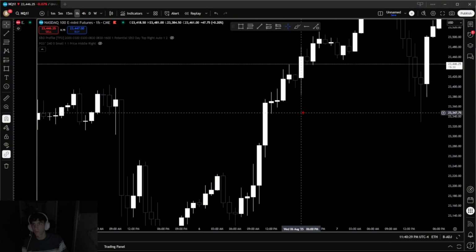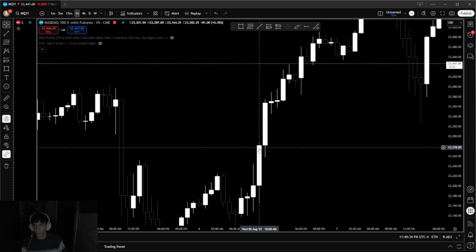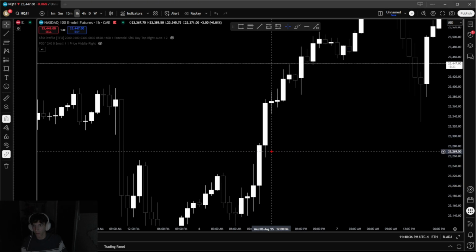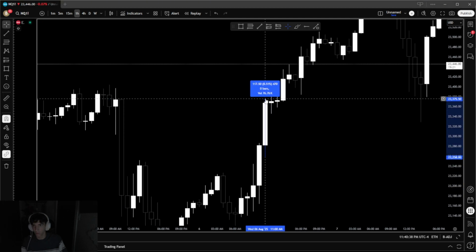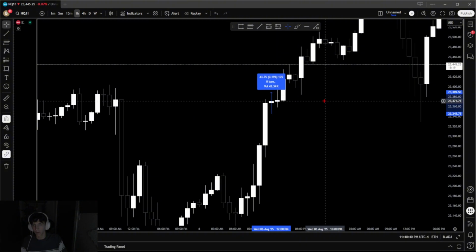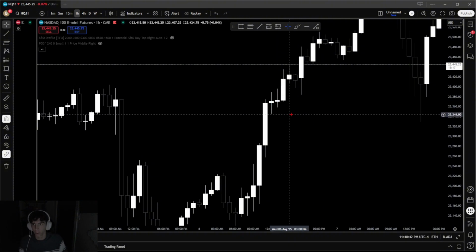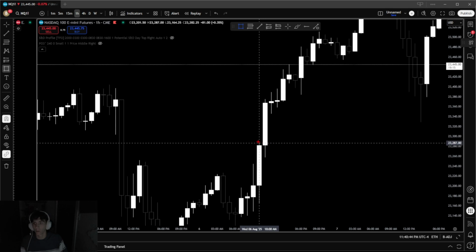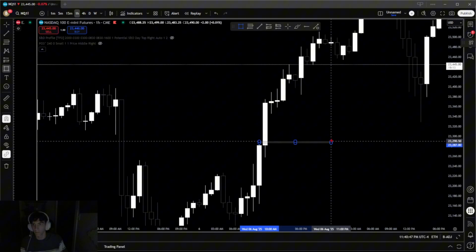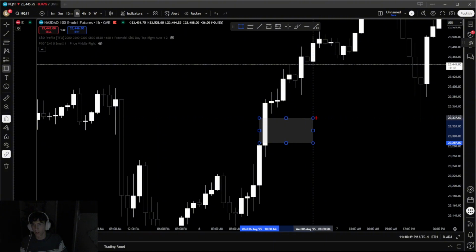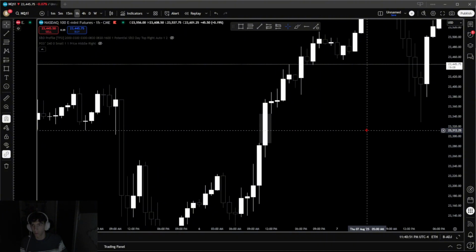Alrighty guys, now for an example of a bullish fair value gap. We have candle 1 right here, a displacement candle for candle 2, and another mini displacement candle for candle 3. For bullish, on candle 1 you want to put it at the top of that wick, skip candle 2, go to candle 3, and put it at the bottom of that wick.